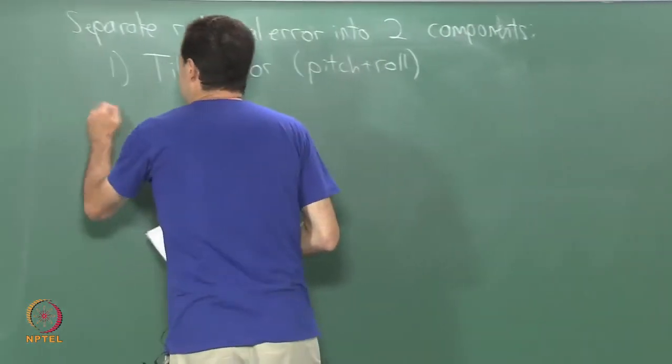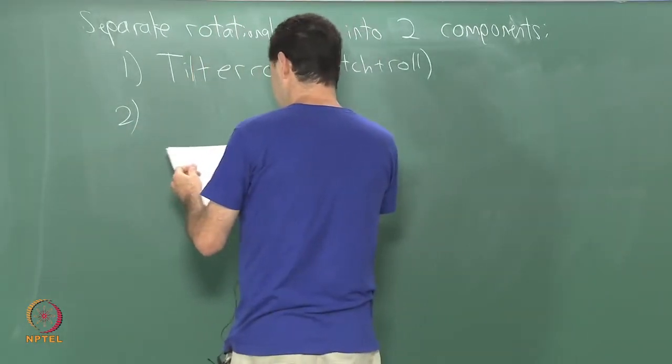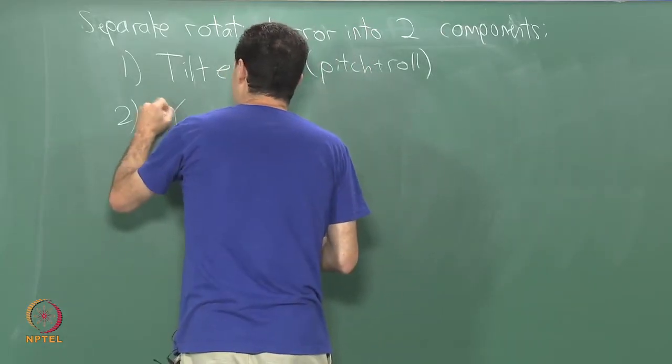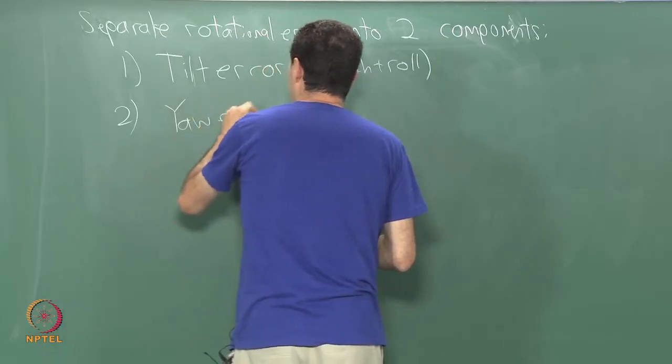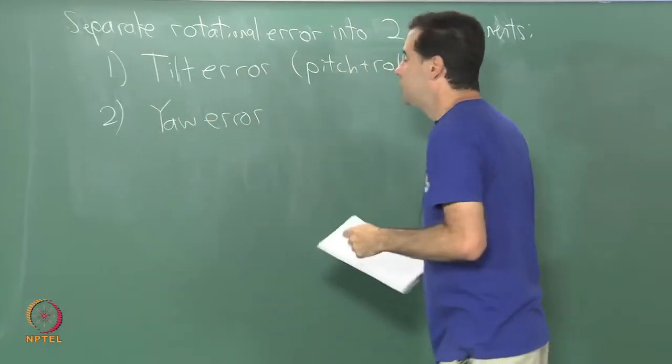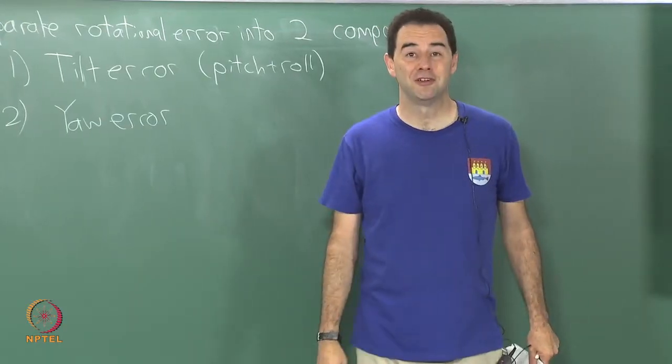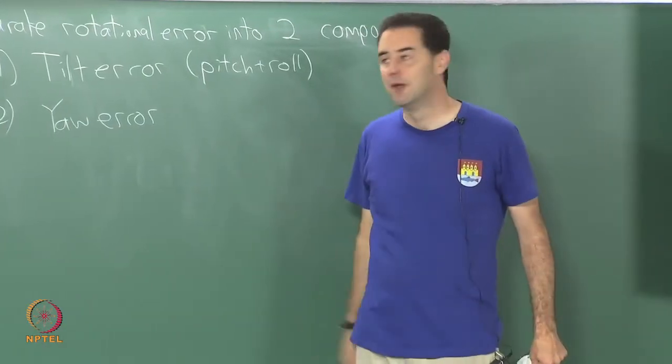This is separate from another error, which is the yaw error. It's the remaining component. And this has to do with losing track of which direction you are facing. Right? So the yaw is the remaining component.